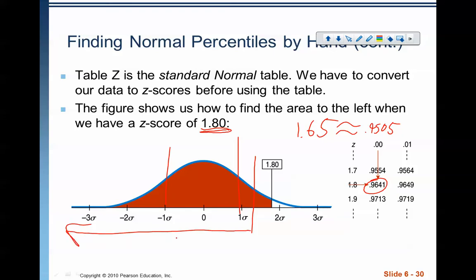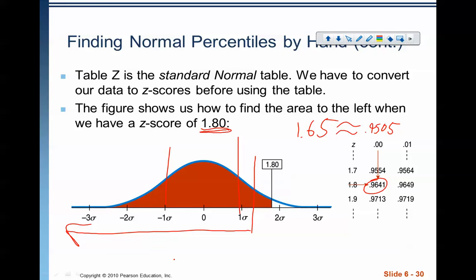Notice the shaded region on this picture? 68, 95, 99.7 does the middle 68%, the middle 95%, etc. These tables and what your calculator does is going to take that spot on your z-score and do everything to the left. Okay? Not the middle. Everything to the left, to infinity.